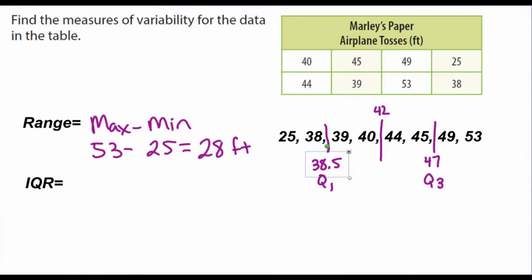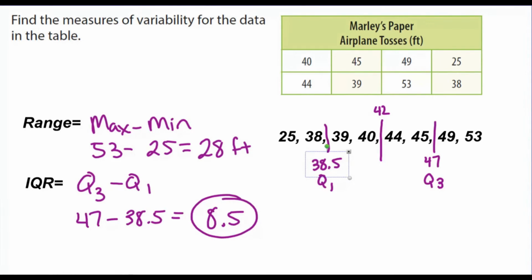That's my Q3. So my IQR is going to be Q3, the third quartile, minus the first quartile. And that's 47 minus 38.5. And that gives me an IQR of 8.5. So most of my values are within 8.5 feet of the median.